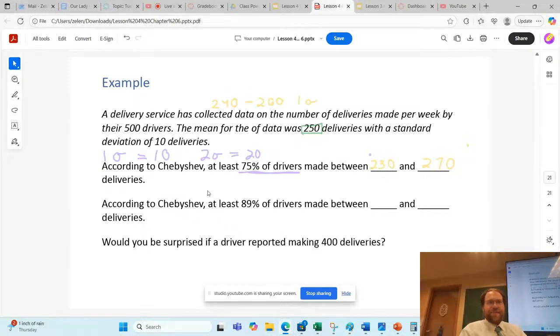And then 89% of drivers, Chebyshev says 89% would need to be how many standard deviations? 3.